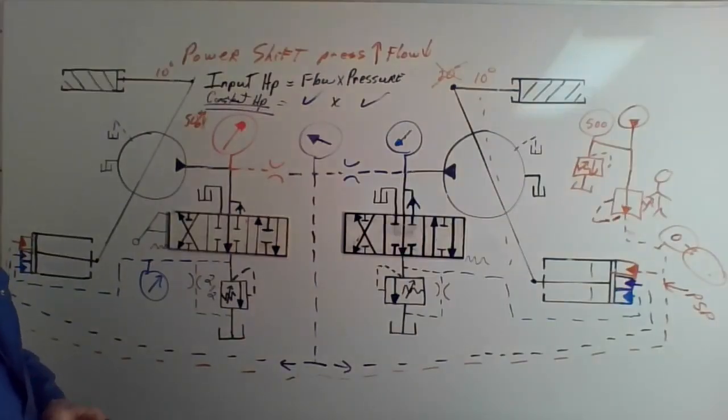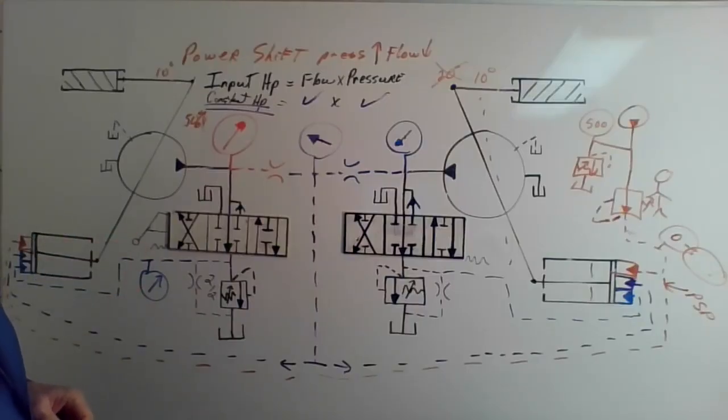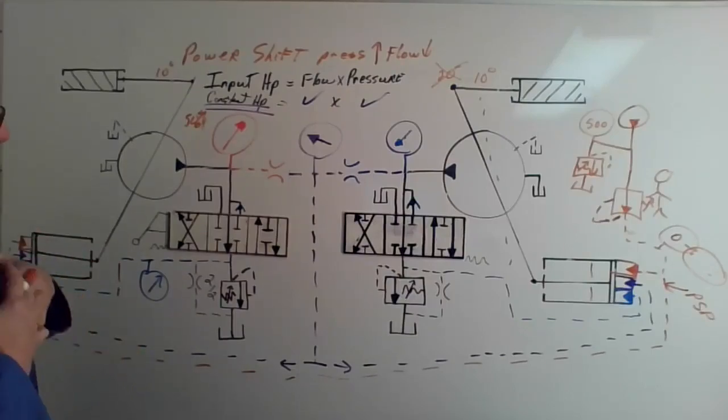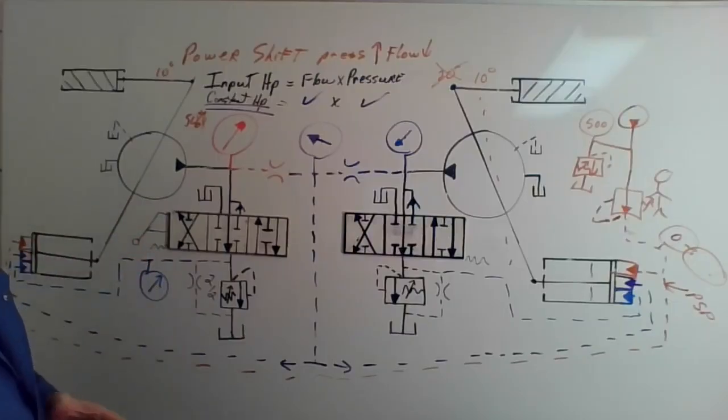Ultimately, this constant horsepower system is really about using all the engine's capabilities all the time. It's a very efficient system, and that is to say, when there's no real load on the actuators, these pumps pick up and they upstroke, and the actuator actually speeds up.